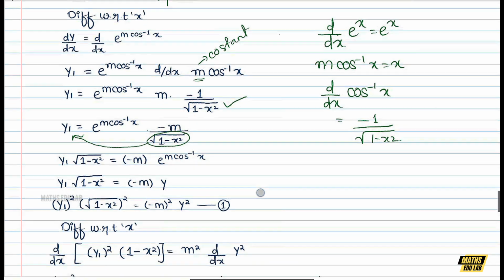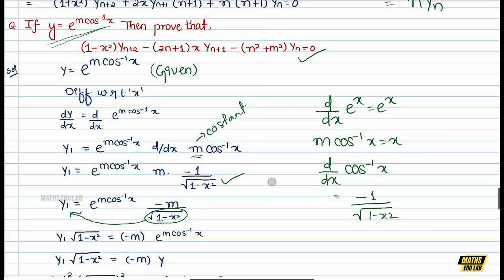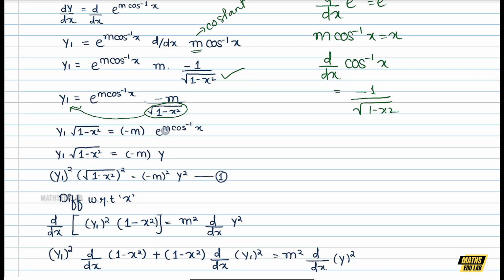Now as we have taken e to the power of m cos inverse x as y, here also we got the value e to the power of m cos inverse x as y. So I have taken this value as y, which we already have in the question. So now to cancel out the root value, just apply squaring on both sides.